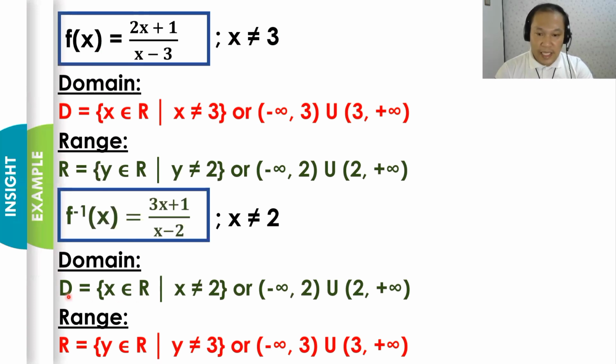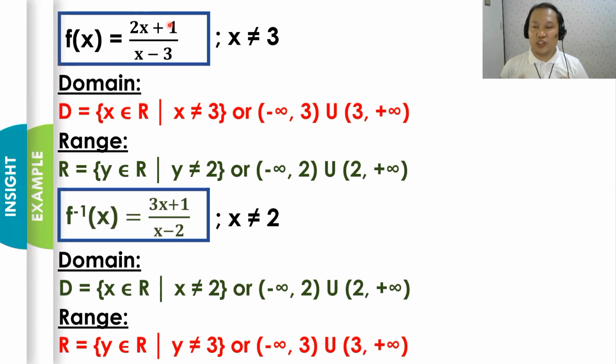I repeat, the domain of the inverse function is the range of the original function. While the range of the inverse, highlighted by the color red, is the domain of the original function.